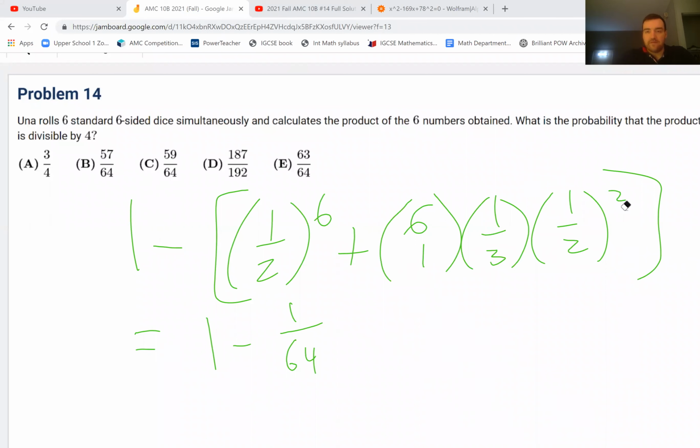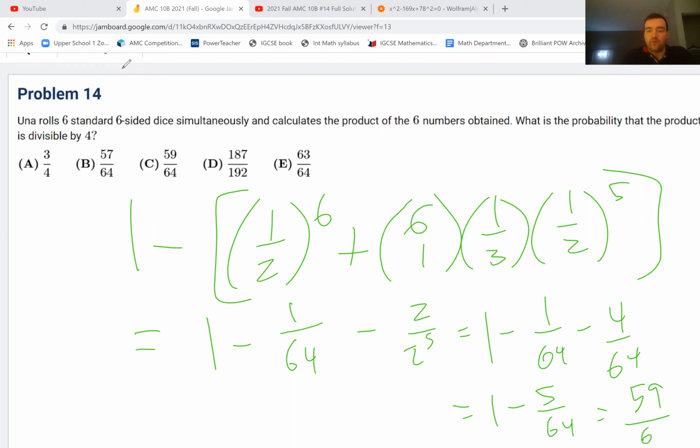This should be a 5. This was supposed to be a 5. So we get 2 times 1 over 2 to the 5, or 2 over 2 to the 5, right? So that's 1 minus 1 over 64 minus 4 over 64, or 1 minus 5 over 64, which is 59 over 64, which is choice C.